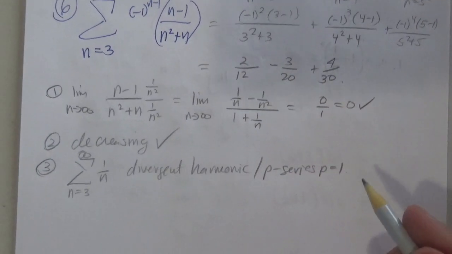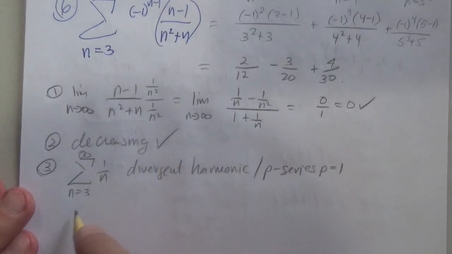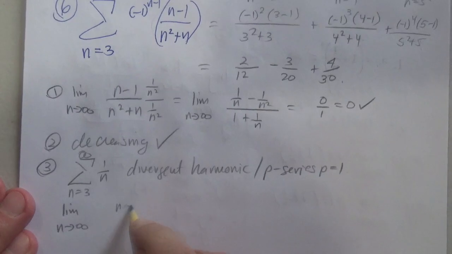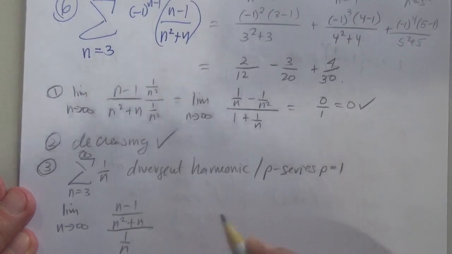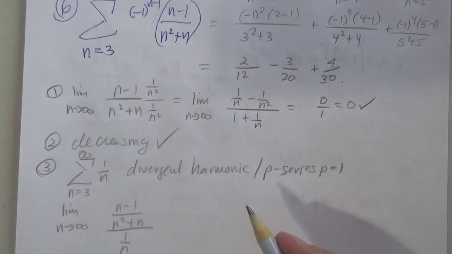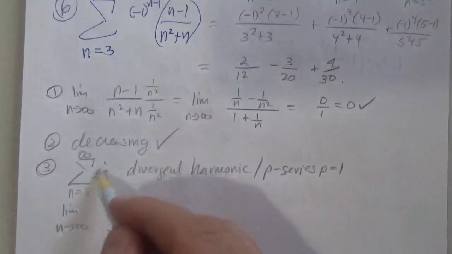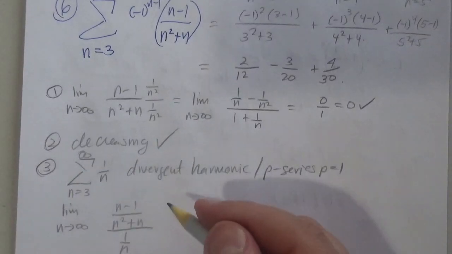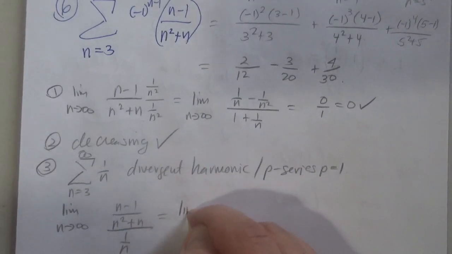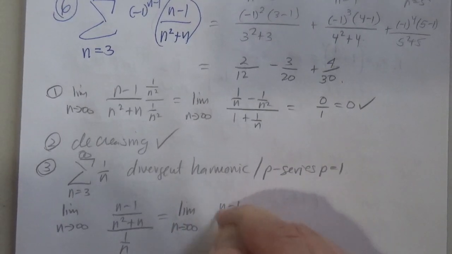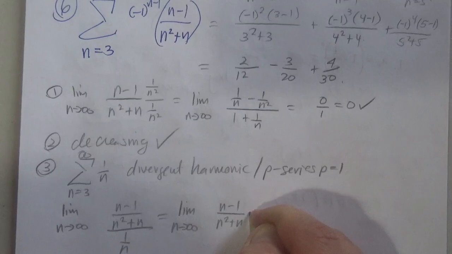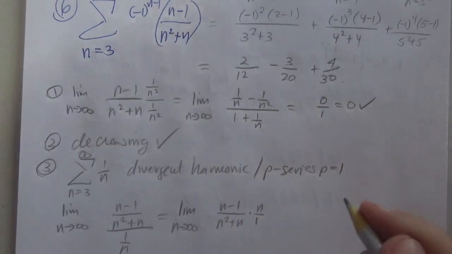I now need to do a limit comparison. So I'm going to slide up a little bit here. I'm going to do the limit as n approaches infinity of n minus 1 over n squared plus n, all over 1 over n. Notice when I do a limit comparison, it doesn't matter which one goes in the numerator, the one I'm trying to determine or the one that I know something about. So I flip and multiply. I get the limit as n goes to infinity of n minus 1 over n squared plus n times n over 1.